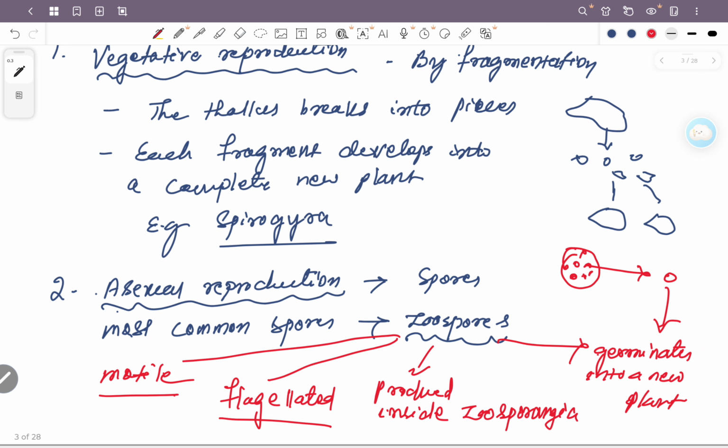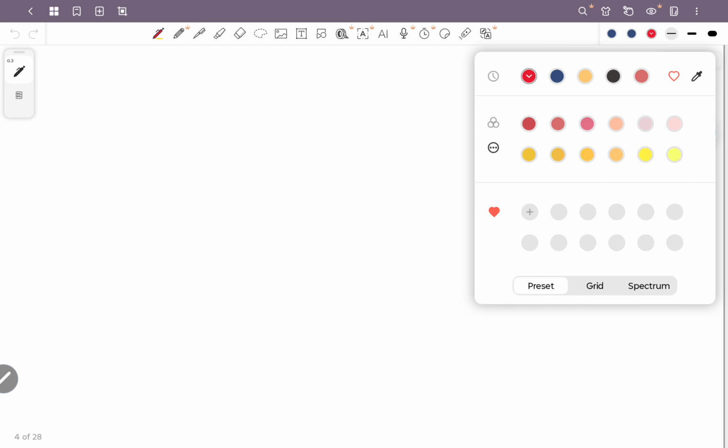Now come to sexual reproduction. Okay. So sexual reproduction is of 3 types. 1, isogamy.